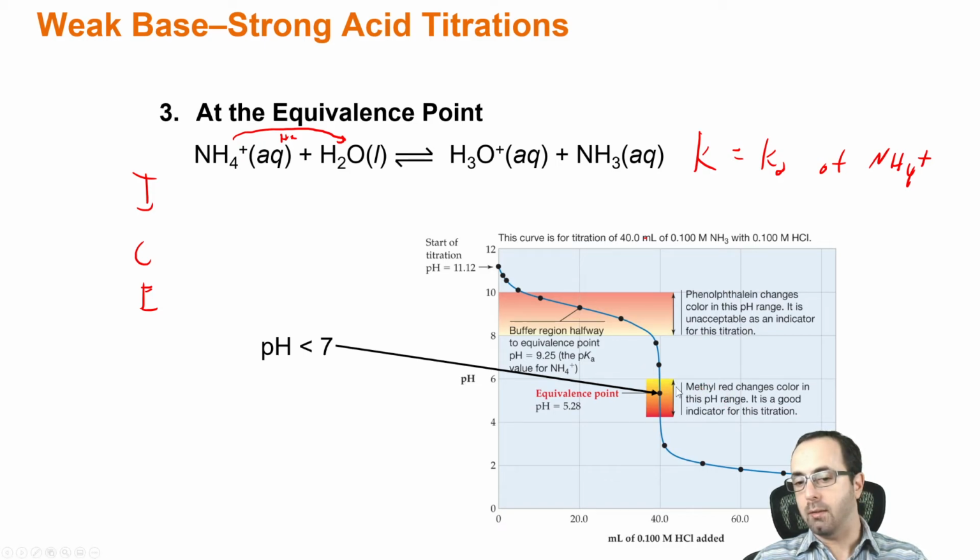Like methyl red is a great indicator for this titration because it changes color right in the range of the equivalence point. Of course, an indicator that changes color here might work, or here, because it will change color in the rapid pH change. But the best indicator will be the one that changes color at a pH that is close to the equivalence point.